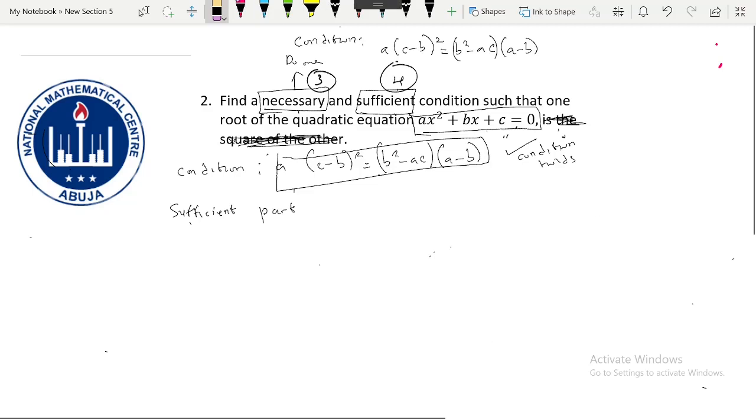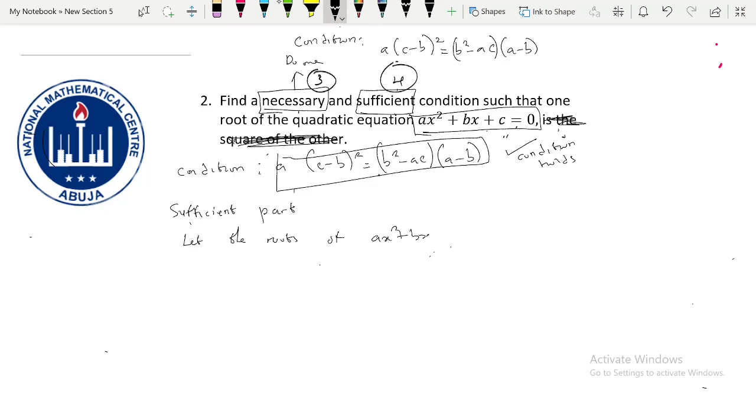So to start, you can say, okay, let the roots of ax square plus bx plus c equals 0 be m and n.